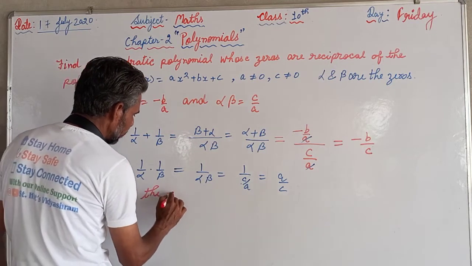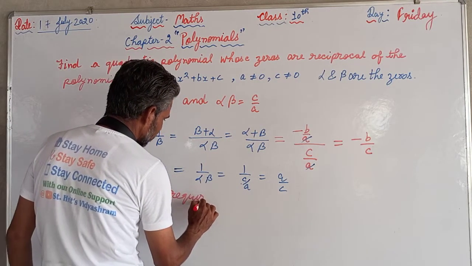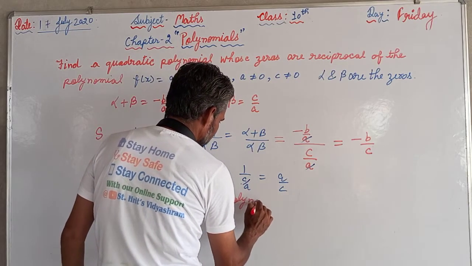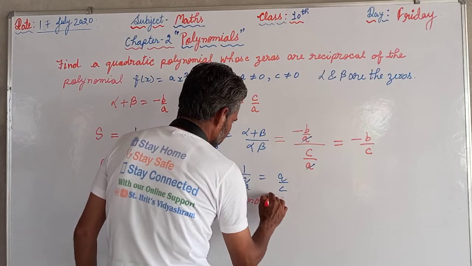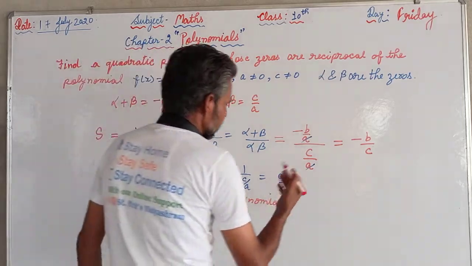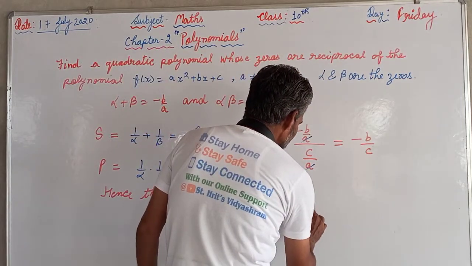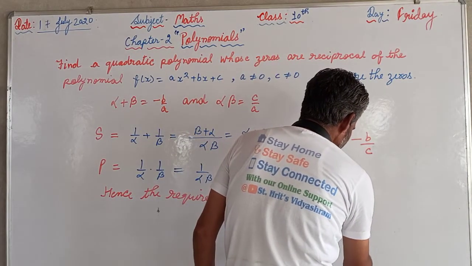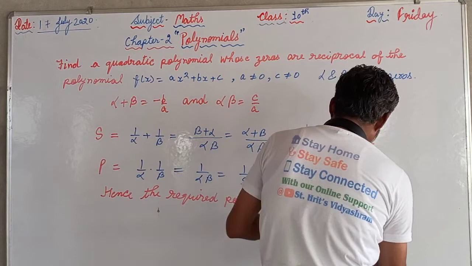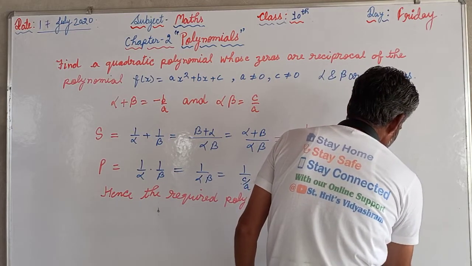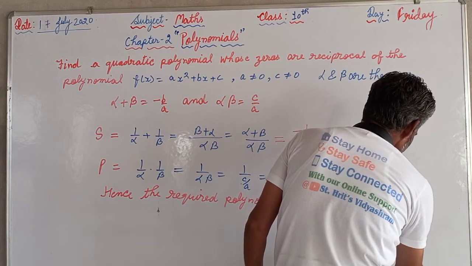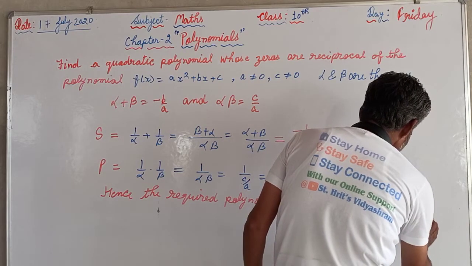The required polynomial, we can take it as g of x, that will be equal to k into x square minus s x plus p.